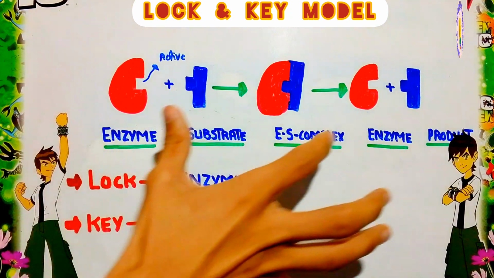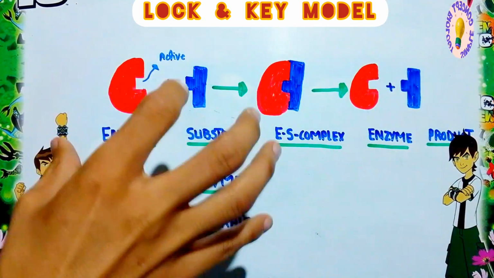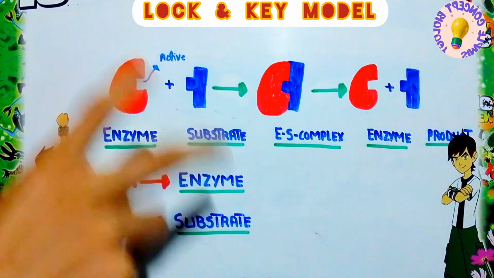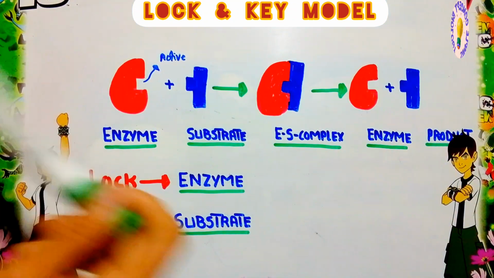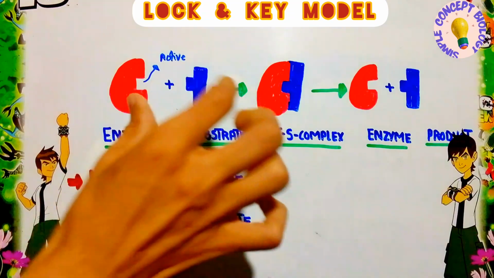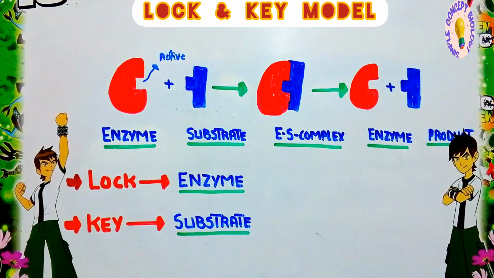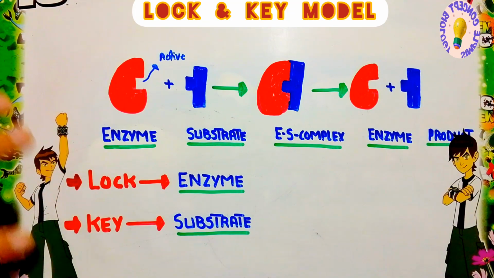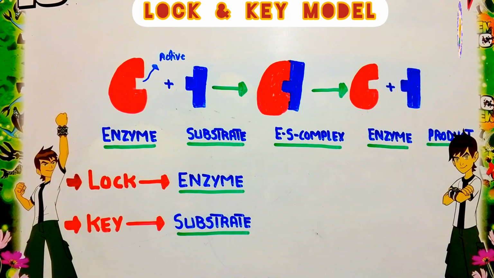Now this is mainly an unstable state which is converted into the next step. In the final state, we get the enzyme back, and the substrate is finally converted into the products. So the lock and key model is mainly related to the idea that the active site of the enzyme is rigid, and only the substrate that has a shape that fits the active site of the enzyme is converted into the product.